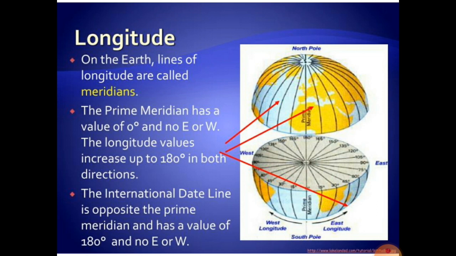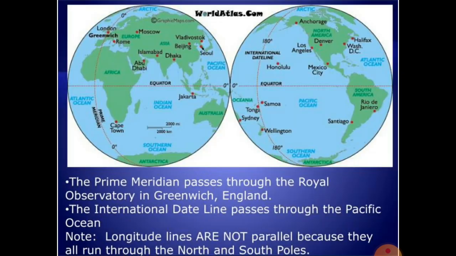The prime meridian passes through the Royal Observatory in Greenwich, England, and the international date line passes through the Pacific Ocean.